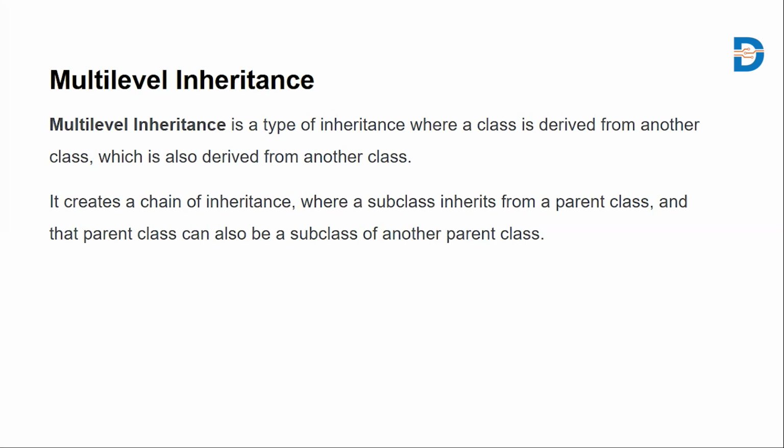This type of inheritance creates a clear hierarchy where each subclass has access to attributes and methods from all the classes in the chain. For example, we can have a grandparent class, a parent class, and a child class. The child class can inherit properties from both the parent class and the grandparent class.